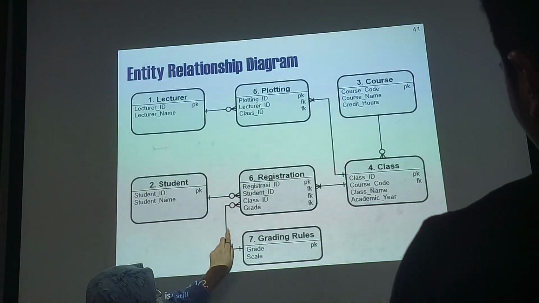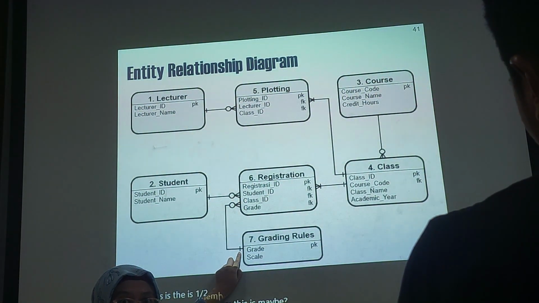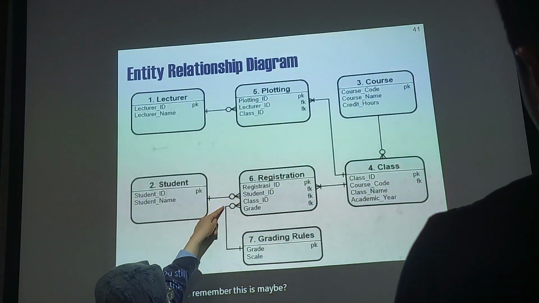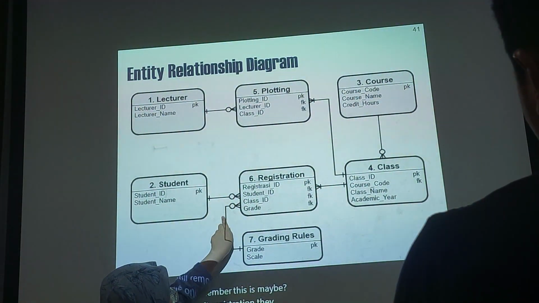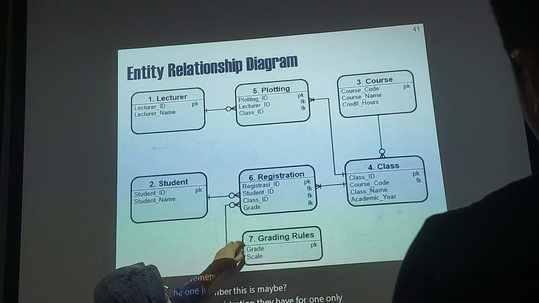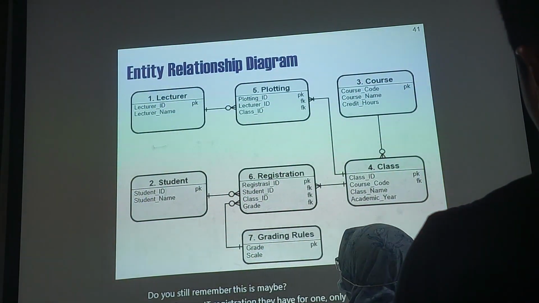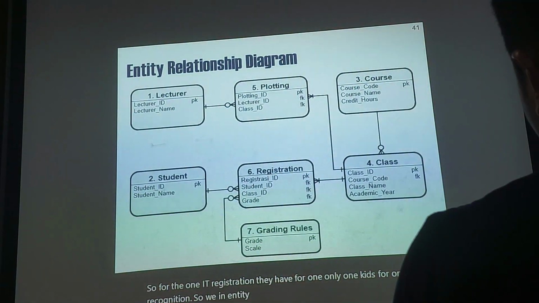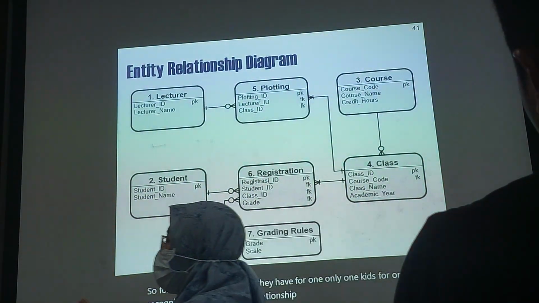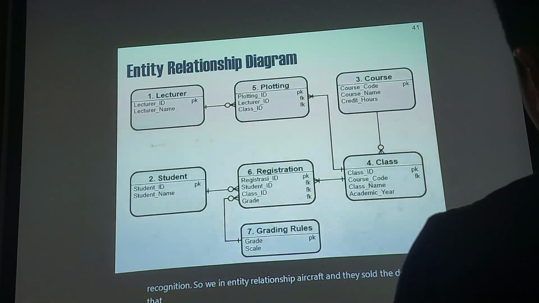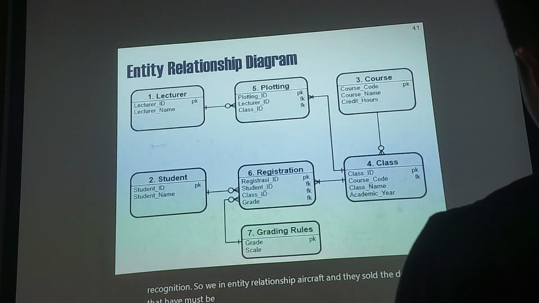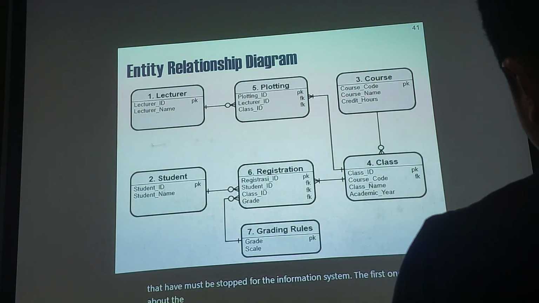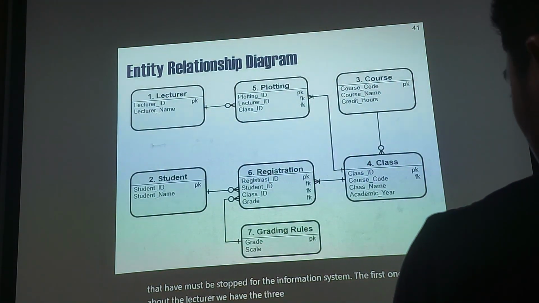This is many to one. For one registration ID, there is only one grade. The entity relationship diagram shows the data that must be stored for the information system. The first one is the lecturer. We have attributes: lecturer ID and name.